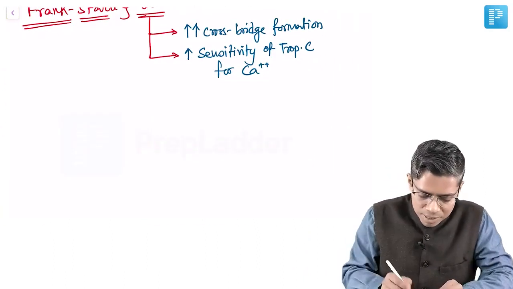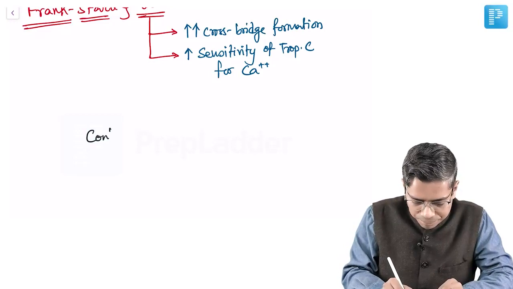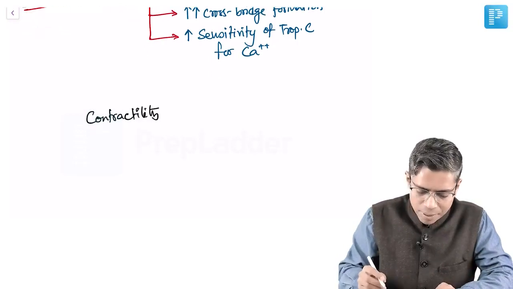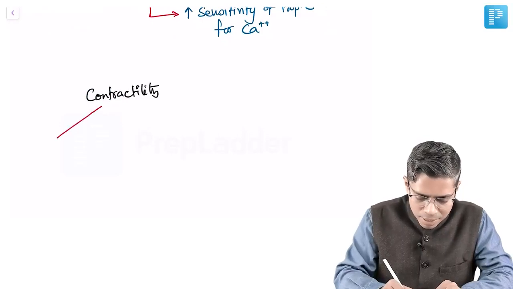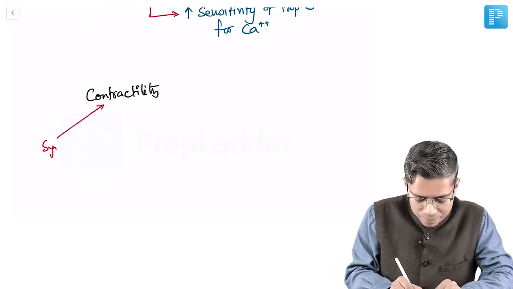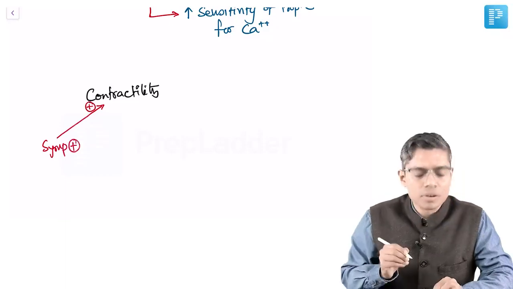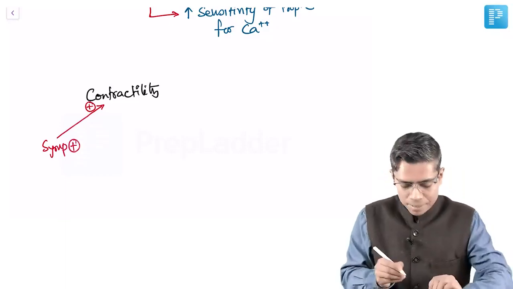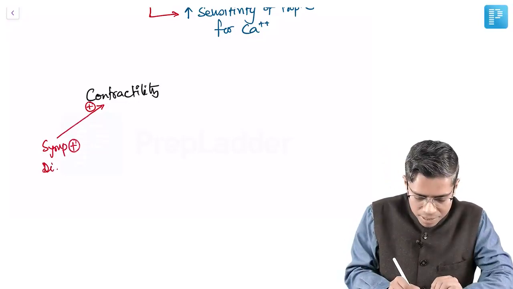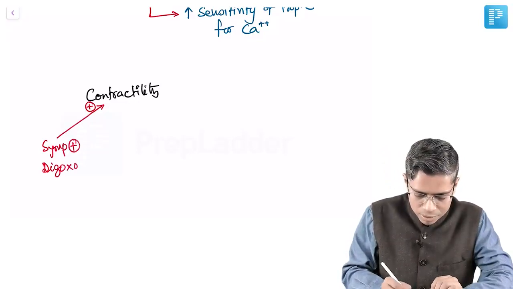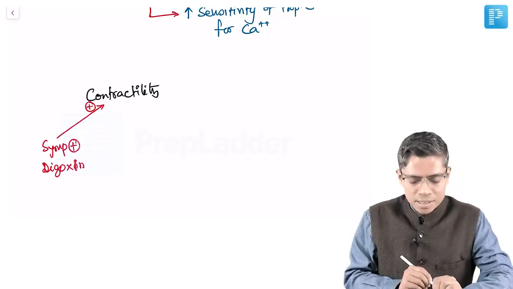So I'm coming here, contractility. It is increased by the sympathetic system. We know the molecular mechanism of how the sympathetic system increases contractility. We have discussed it earlier. Then second thing, various drugs like digoxin also increase contractility.